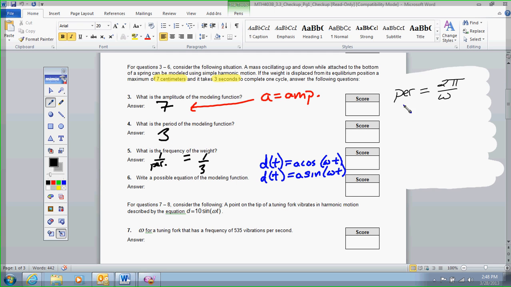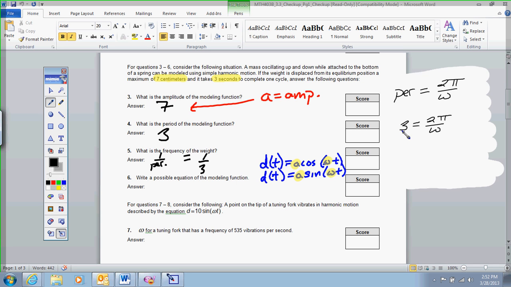So I substitute 3 in for period. 3 equals 2 pi over omega. See, what I'm doing is this. I can use either the cosine or the sine function to model here, but I have to know what A is, and I have to know what omega is in order to be able to write this equation. Likewise here, A or omega. And so I need to solve for this, okay?